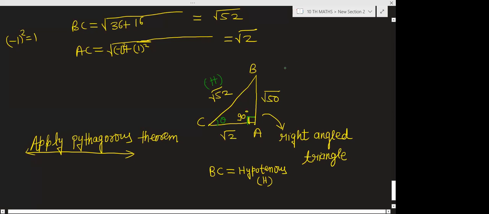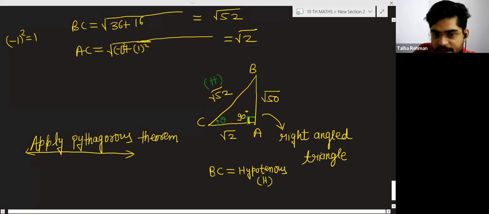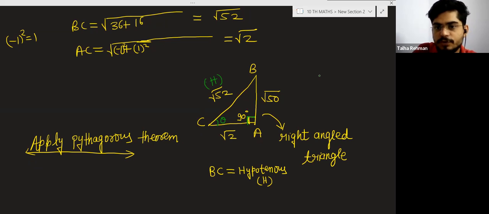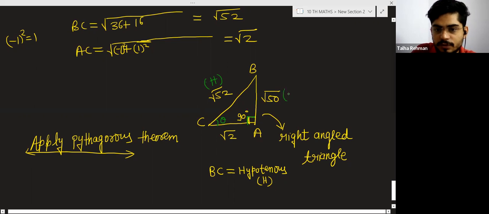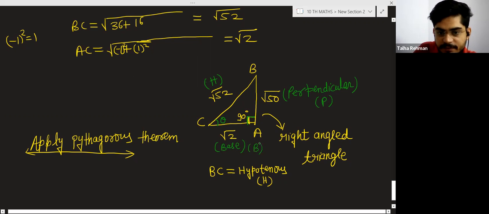Very good, then no problem. If you are taking this angle theta, opposite to this theta will be the perpendicular. If you know trigonometry, then you will know what is perpendicular. Yes, sir. And the other side is the base. So perpendicular I am representing with P, base I am representing with B.